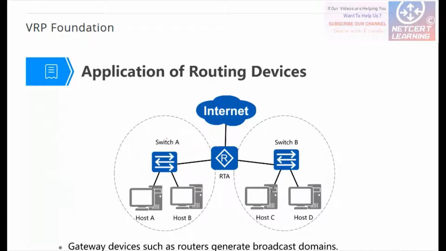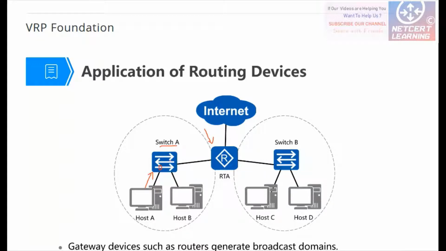This is the function of the switch. Another, most widely used device is the router. The router separates broadcast domains. What does that mean? When host A sends out a broadcast, of course the switch will store it, with no collision. And what does the switch do with this broadcast?